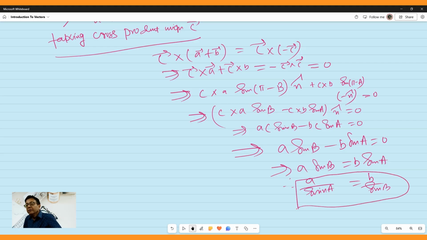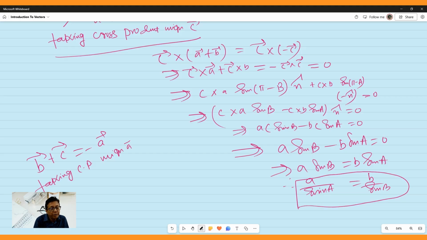Clear? So you have kept A plus B on one side, cross multiplied by C. If you keep B plus C on one side, if you write the same manner, B plus C equal to minus A, take cross product with A. What will you get?